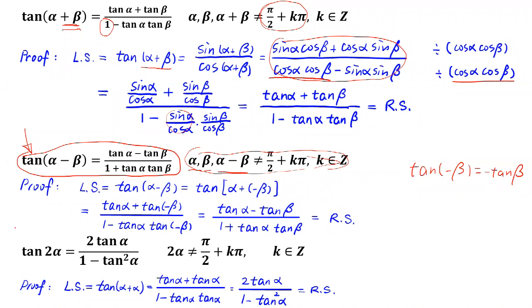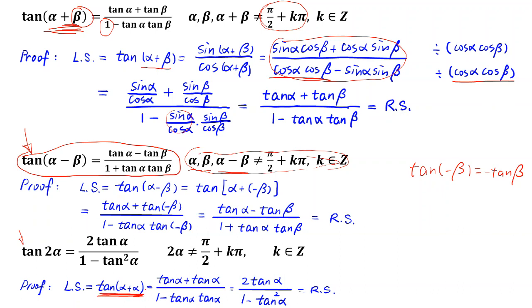Okay, so for the next one, tangent of twice alpha equals twice tangent alpha over 1 minus tangent squared alpha. This can be simply proved by letting beta be alpha in the formula for alpha plus beta, right? So we can start from the left side. The left side is actually tangent of alpha plus alpha. This is the compound angle formula for the tangent, right?